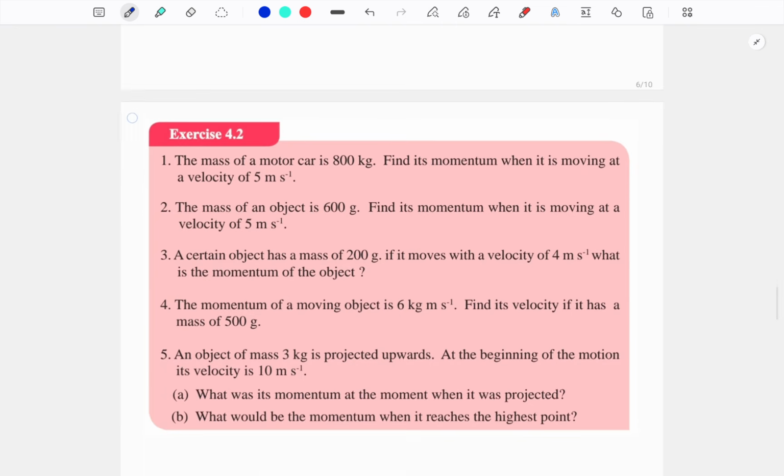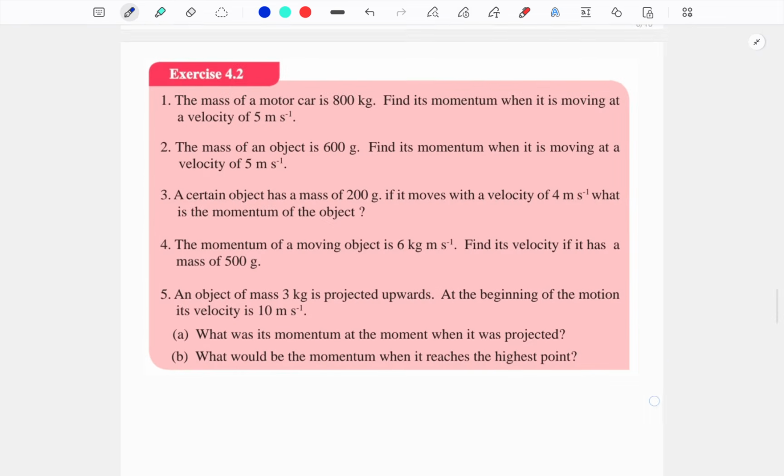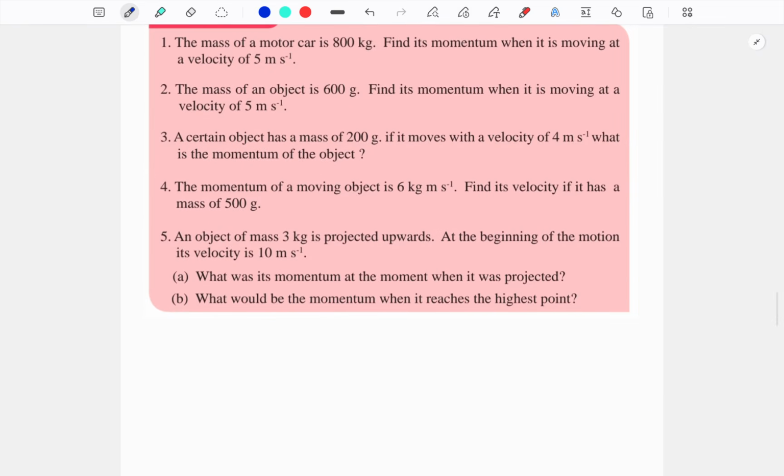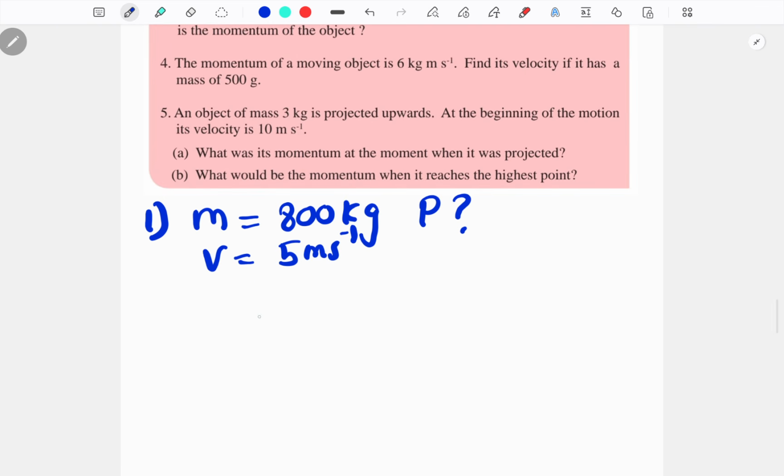Now there are some other questions from your textbook. Let's do those questions. The first one, the mass is given as 800 kg. Find its momentum when it is moving at a velocity of 5 meters per second. So what is the equation?